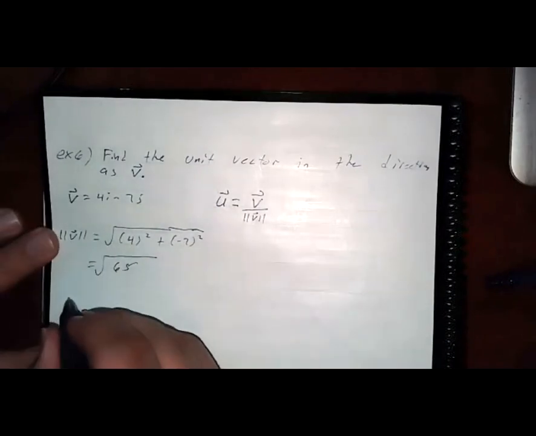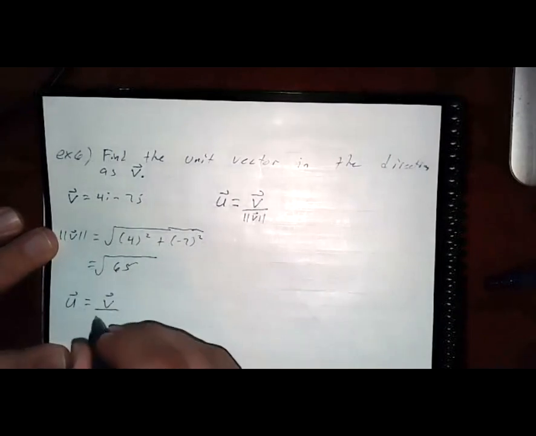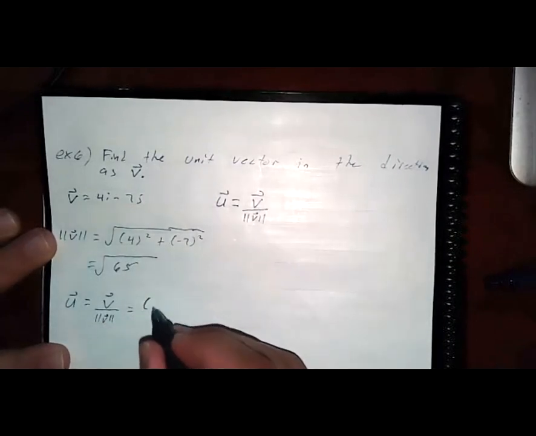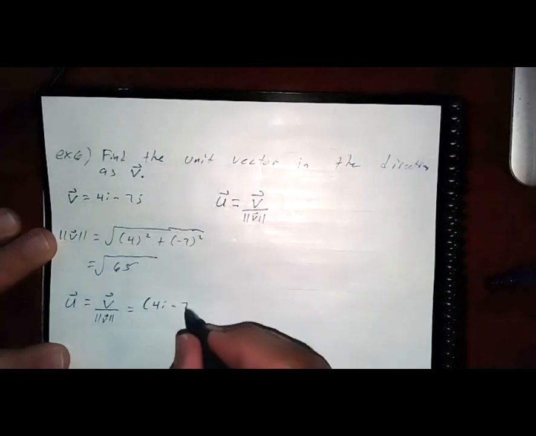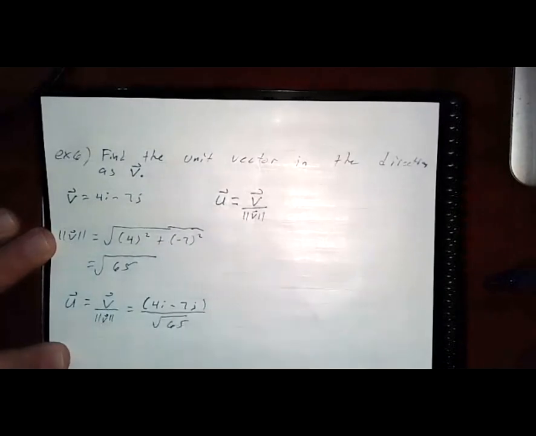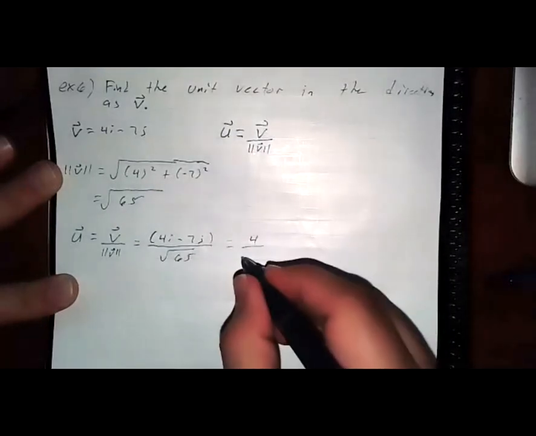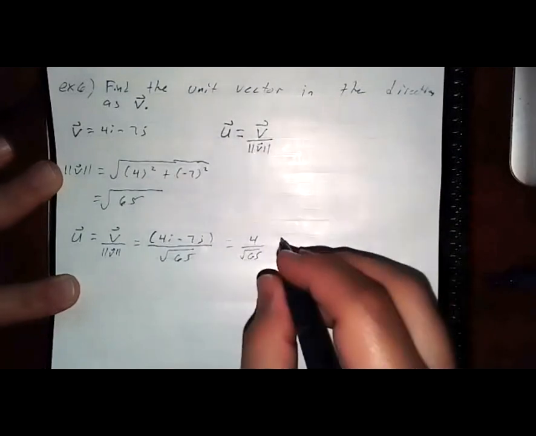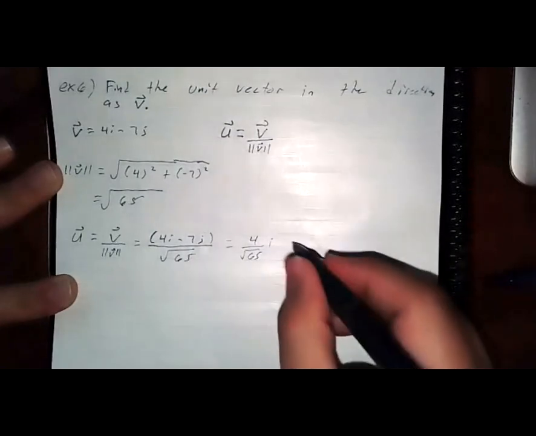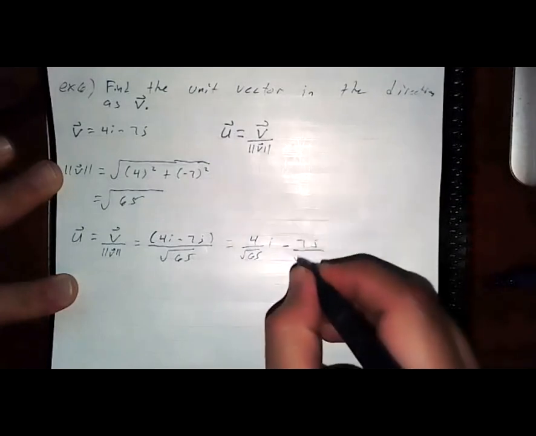So the unit vector that they want is equal to V over the magnitude of V, which is equal to 4i minus 7j divided by the square root of 65. So you just put the square root on the bottom, and you get 4 over root 65 i minus 7j over root 65.